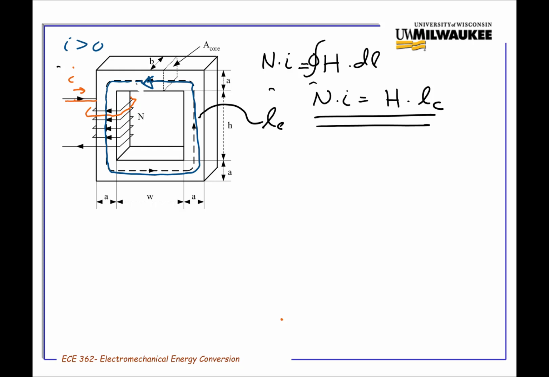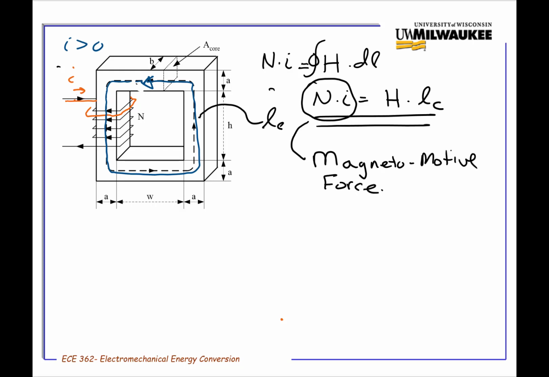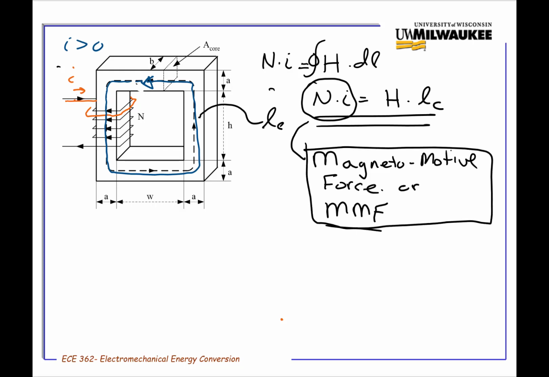There's another term that we're going to use for the N times I. I gave you the name of it in our last lecture: magnetomotive force, or MMF. So this is a very important term to remember.